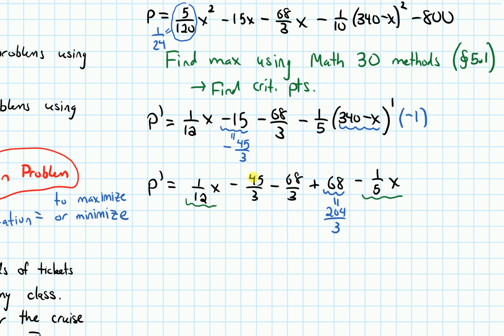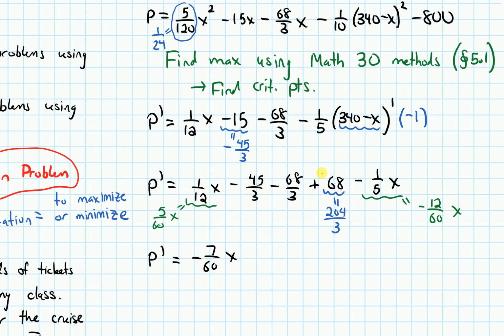With the 1/12 x, I can multiply the top and the bottom by 5 and get 5 over 60 x. I can multiply negative 1 over 5 x top and bottom by 12 to get negative 12 over 60 x. Combining those x terms, we get 5 over 60 x minus 12 over 60 x, which gives us negative 7 over 60 x.